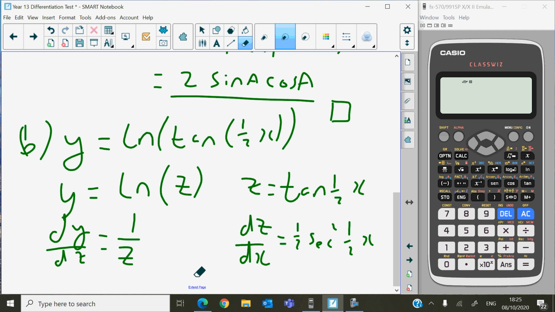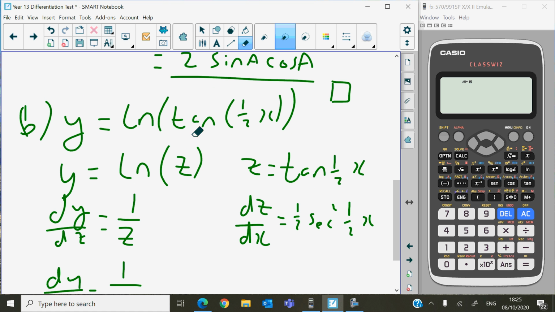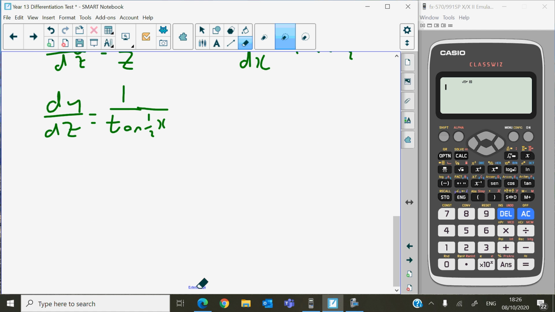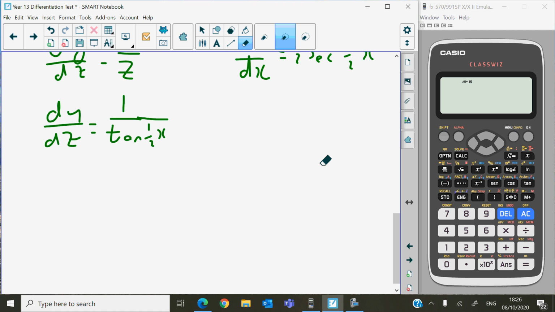Now remember that dy by dz can also be written without the z. I can now have this 1 over, instead of z, I'm going to write what z is. Z is equal to tan a half x. So tan a half x. And now, to get dy by dx on its own, I need to multiply both of these two things together, dy by dz and dz by dx.